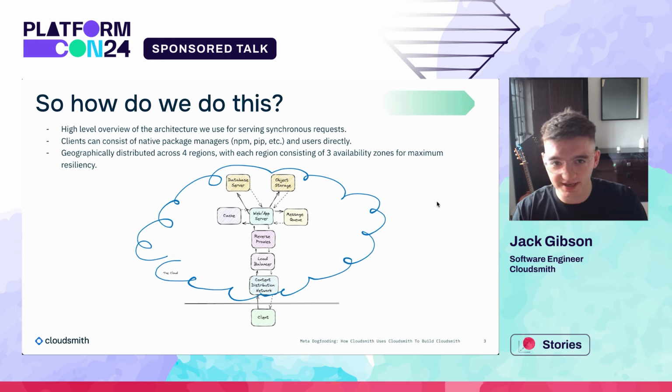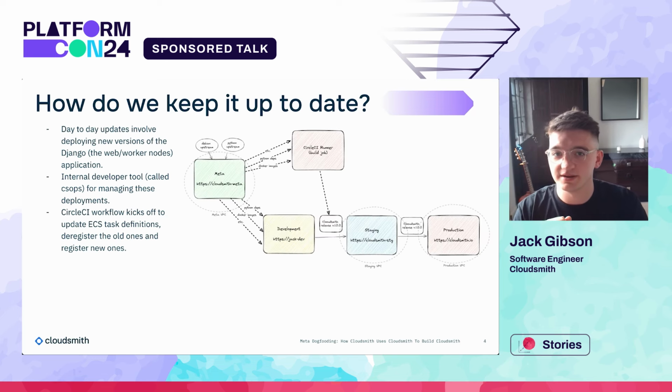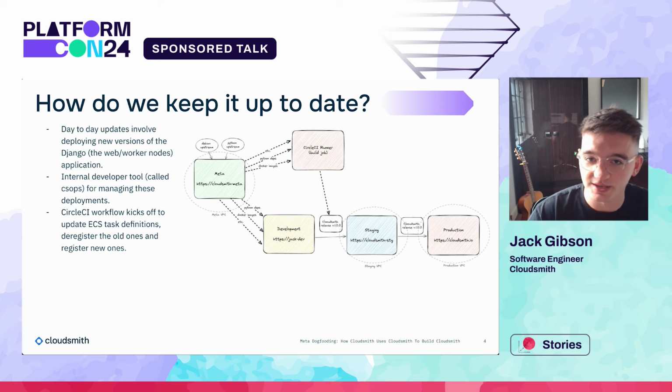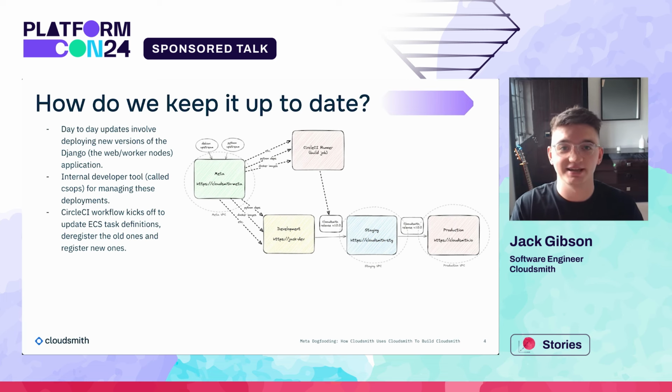So this architecture here, how do we keep it up to date? Well, day-to-day deployments typically involve keeping the Django application up to date. That's the thing that changes, and what the customers see. We make a change to the business logic, it's predominantly in the Django application. To do this, we have an internal developer CLI tool called COps, which intuitively stands for Cloudsmith Operations, and that's what manages these deployments.